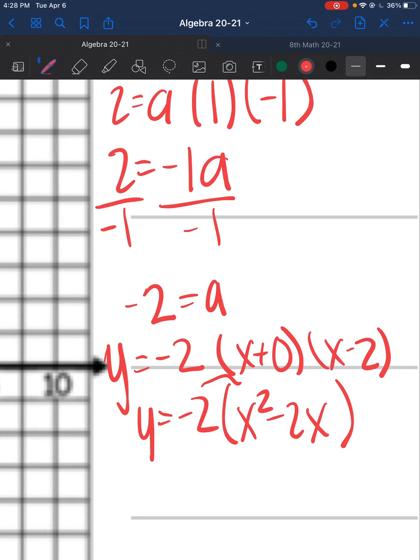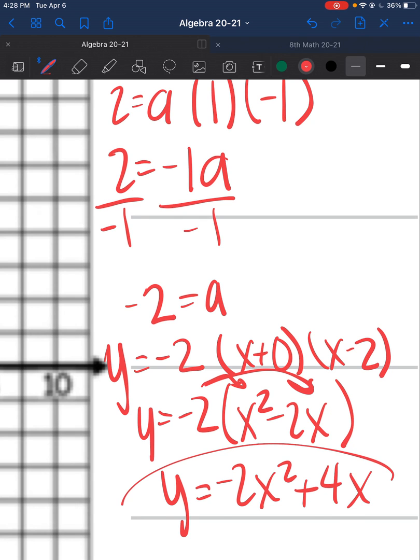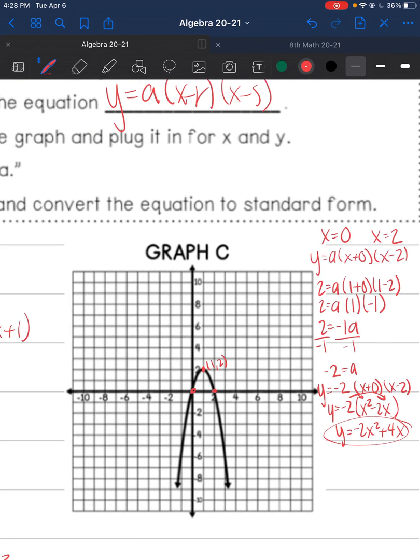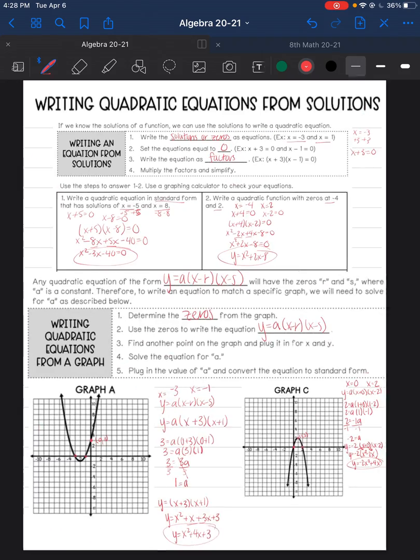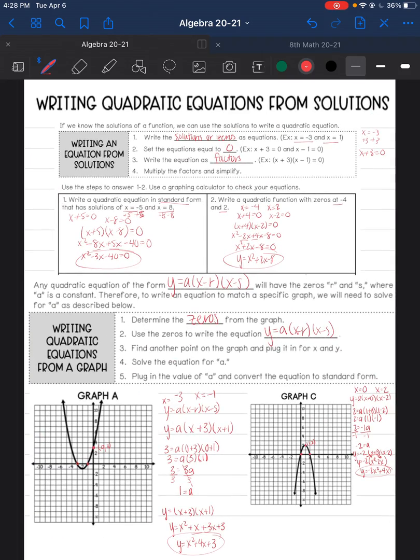Now I'm going to distribute my coefficient. So y equals negative 2x squared plus 4x. That is the equation from this graph. And that is writing quadratic equations, and that is the last lesson of this unit.